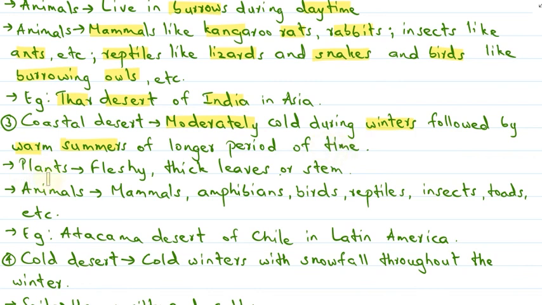So the plants found in this region have fleshy and thick leaves or stem. Animals that are found in this region are mammals, amphibians, birds, reptiles, insects, toads, etc. can be commonly seen in this region. For example, the Atacama Desert of Chile in Latin America is an example of coastal desert.